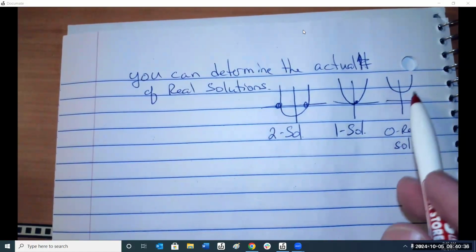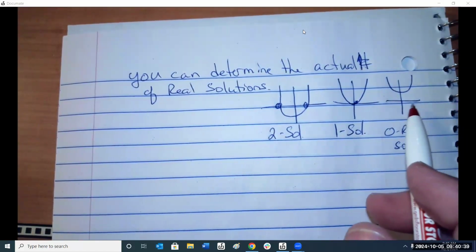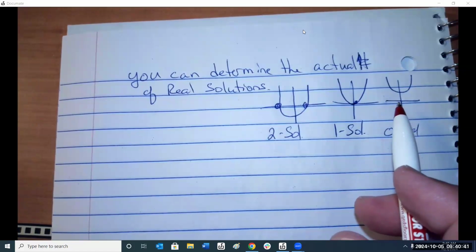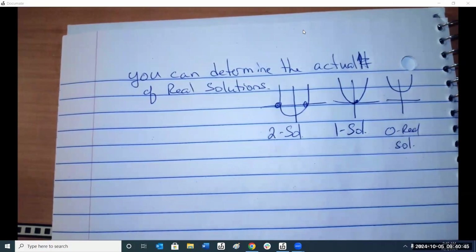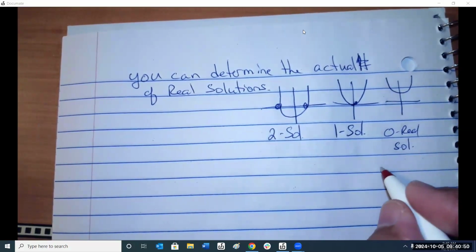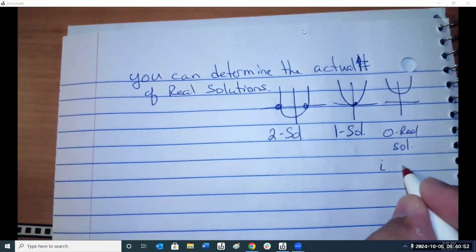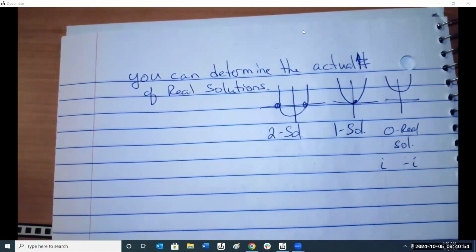In other words, you'd have an imaginary answer. And here's a note. If you have an imaginary answer, it always happens in pairs. So it always happens in two parts. Remember we did the conjugates? So if you have an i, you also have to have a negative i.